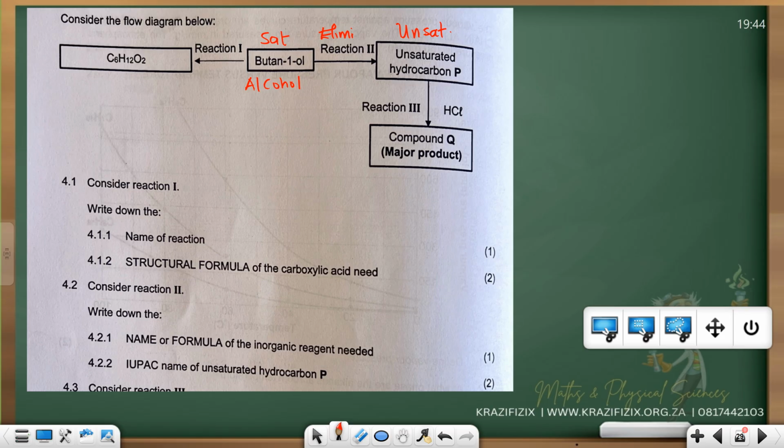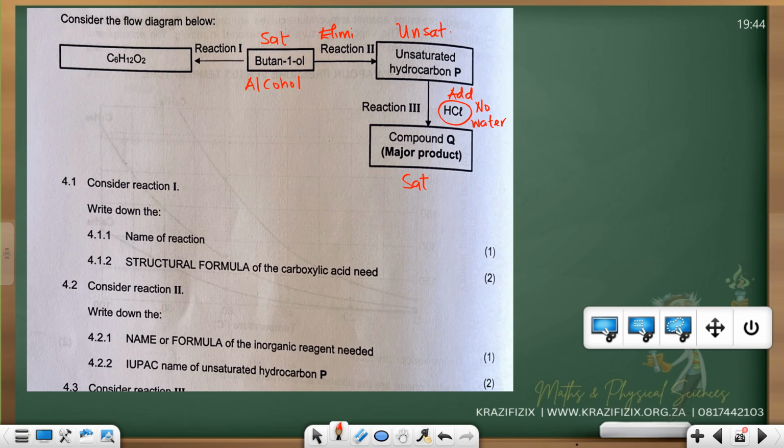Because unsaturated will not go to another unsaturated. It only has one way to go, saturated. So unsaturated to saturated is what? Addition. Do you notice what this is? Hydrohalogenation. What's your condition there? No water.